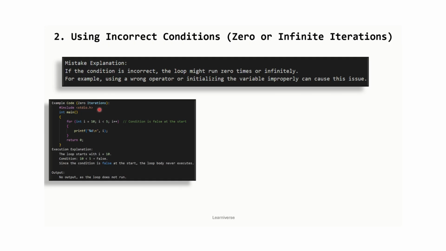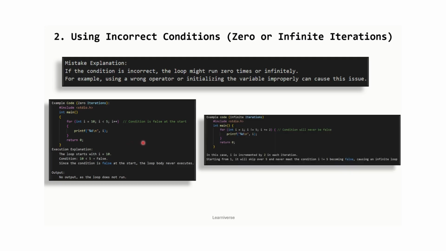First, let's understand the 0 iterations scenario. Here the condition is false at the beginning itself. We have initialized i to 10 and we are checking whether i is less than 5, which means at the beginning itself the condition is false. So the loop body will never execute, and hence we will not get any output.